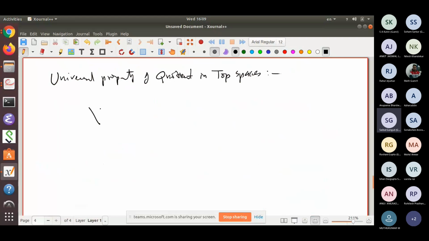So I have X, I have f, I have Y. It's a continuous map. Everything is continuous. And it's a surjection. Now I want to know whether this holds.